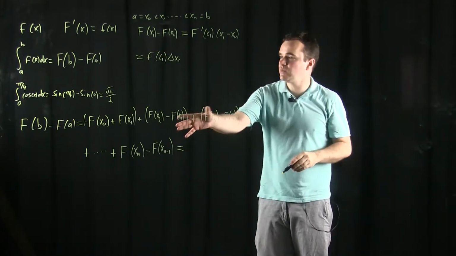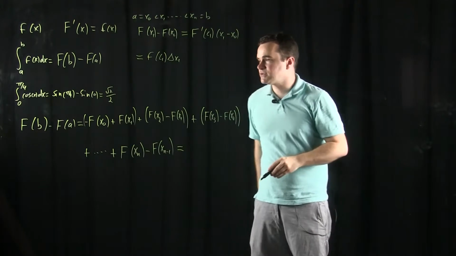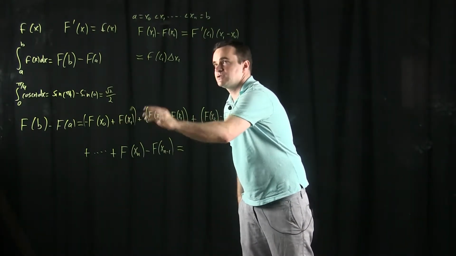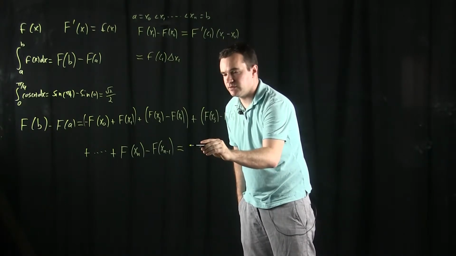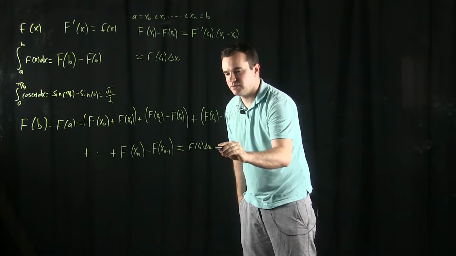Okay, so if I rewrite this expression now, applying the mean value theorem to each pair in turn, this first one, as I've just shown, becomes f of C1 times delta x1.